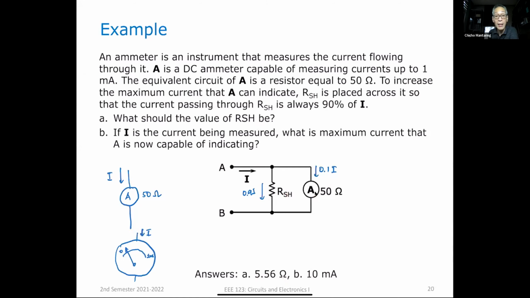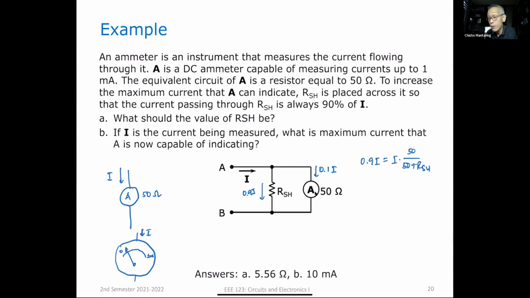Now, how did I get that? I can solve for that using current division. So, 0.9I is equal to I, the total current, multiplied by 50 over 50 plus RSH.